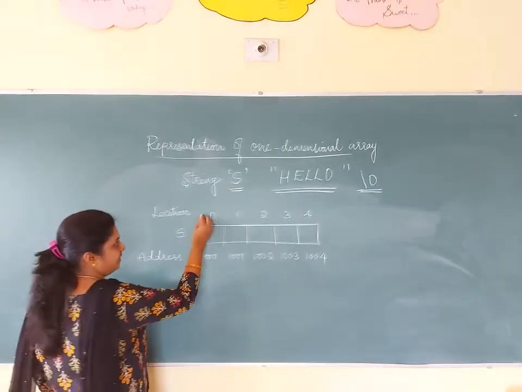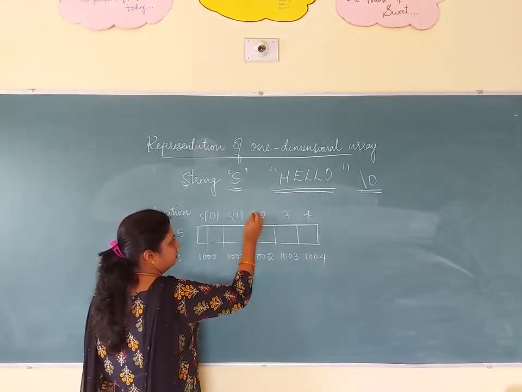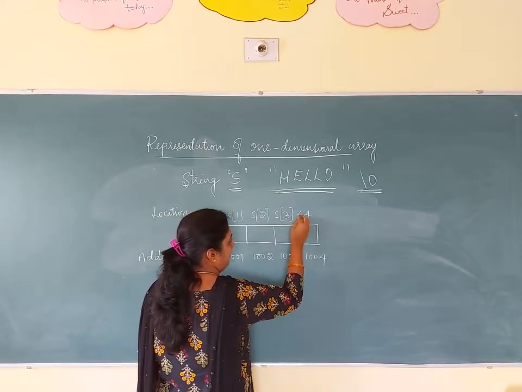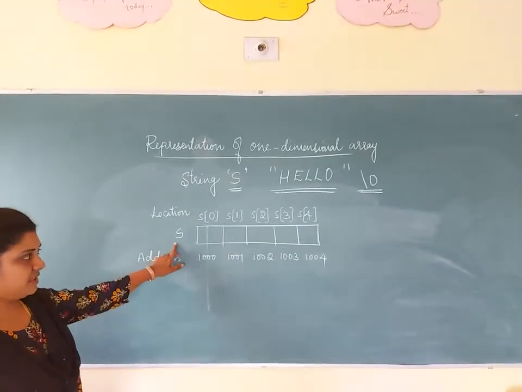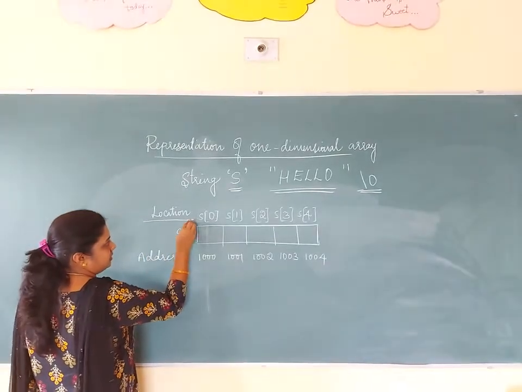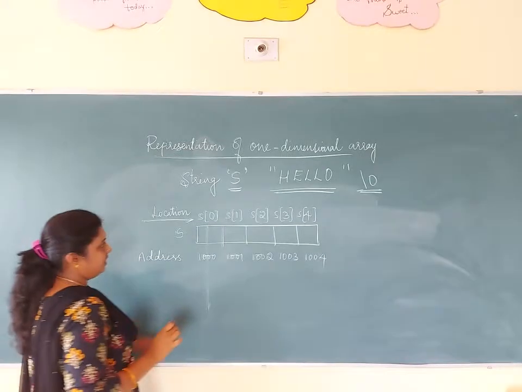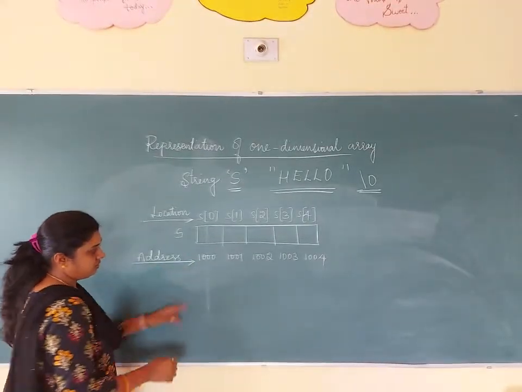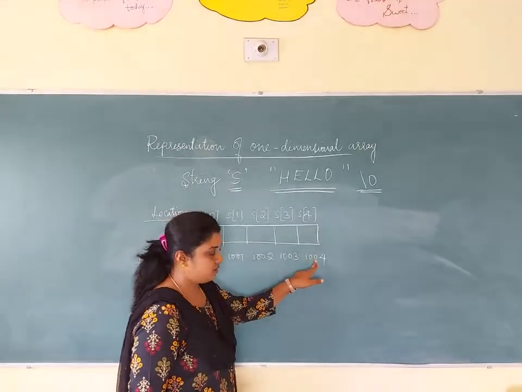Or else you can write it like this: S of 0, S of 1, S of 2, S of 3 and S of 4. So here S is the name of the array, S of 0, 1, 2, 3, 4 are the locations, and the addresses are 1000, 1001, 1002, 1003 and 1004.